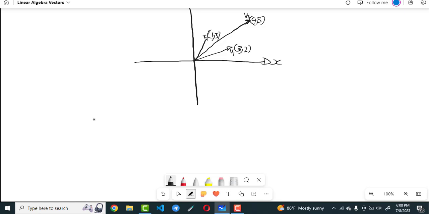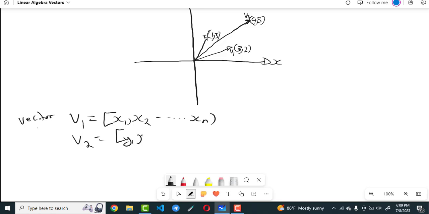So if we are to write it in a formula way, we are saying vector v1 is equal to x1, x2, up to xn. And also position vector v2 is equal to y1, y2, up to yn.